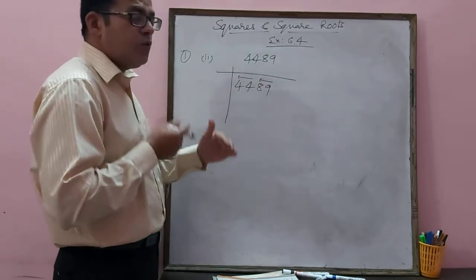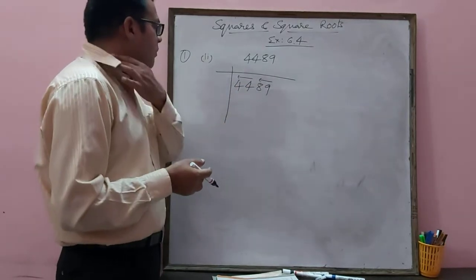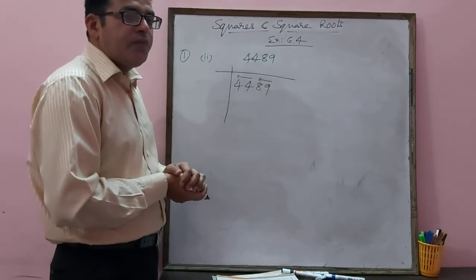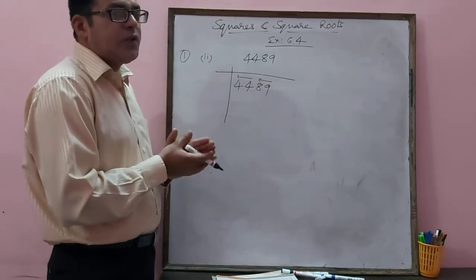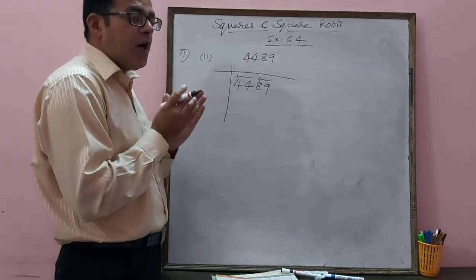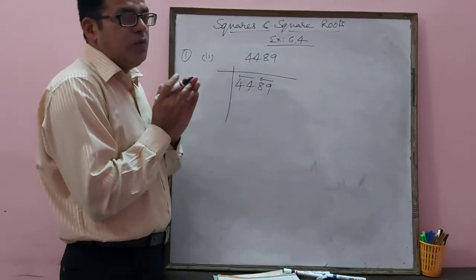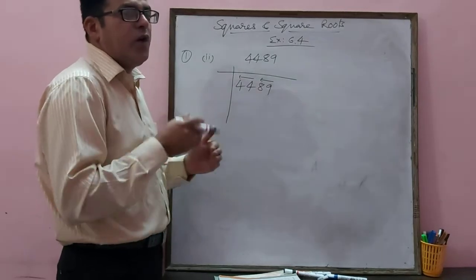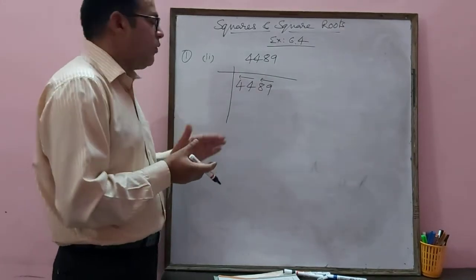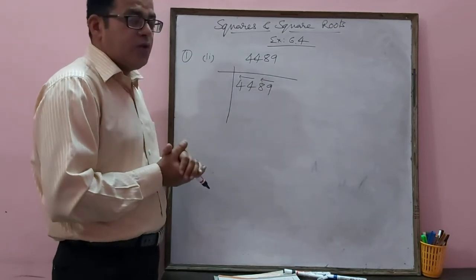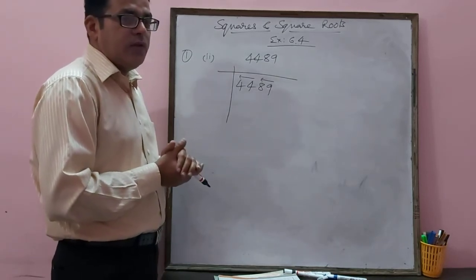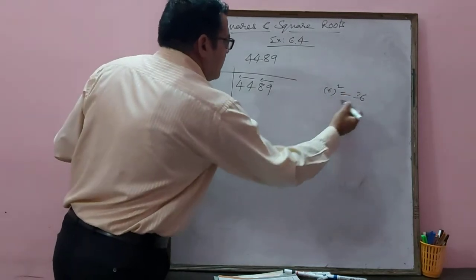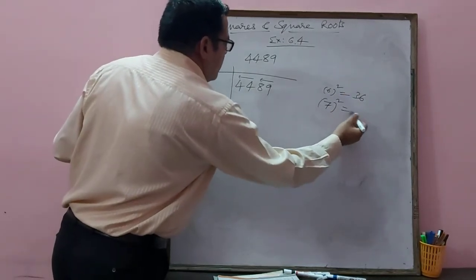Now what to do next? You have to find the number whose square is near to 44. Right? Now you should learn squares, at least you should learn squares from 1 to 10. If you know squares of 1 to 10, you can easily find out whose square is near to 44. Right? See, square of 6 is 36. Square of 7 is 49.